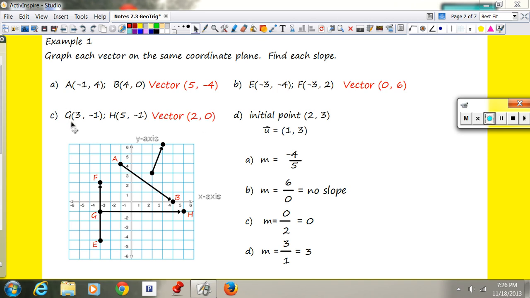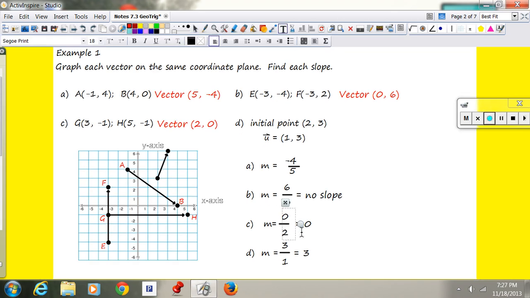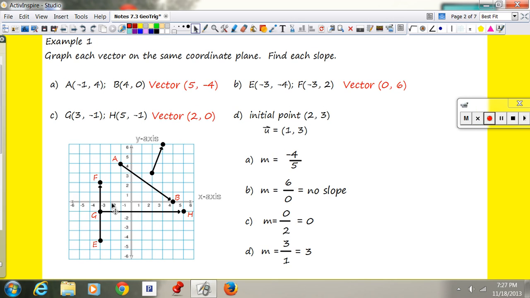The letter C was a horizontal line. It was over way more than 2. My bad. Oh, you know what? I messed up. That was a 2. Sorry, I put point G at the wrong place.